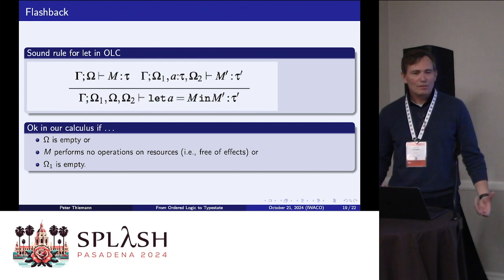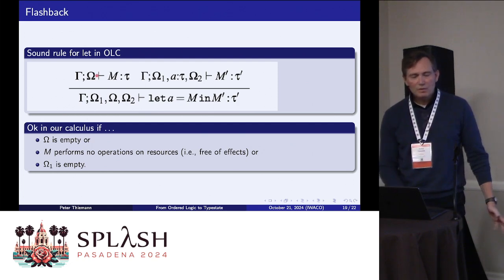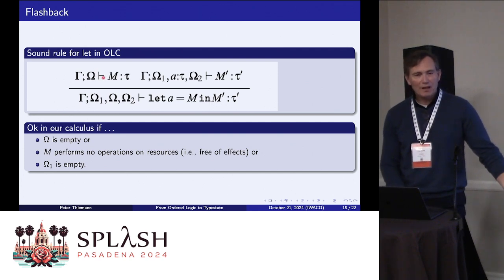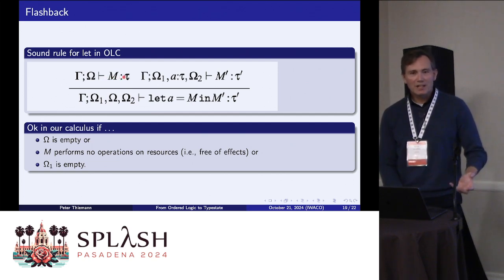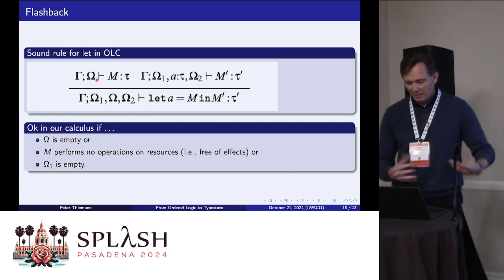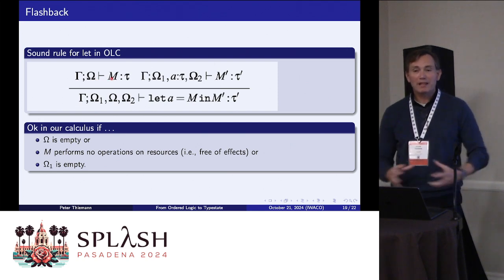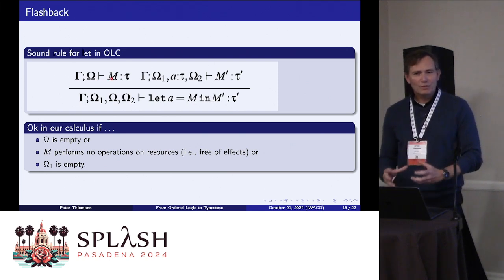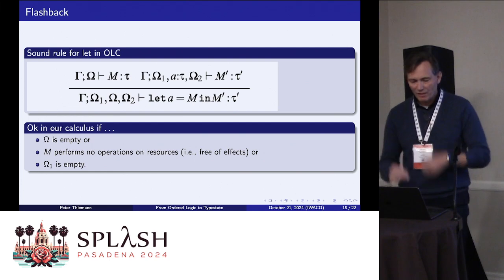Then it's also fine, because I'm not using anything. I'm not performing any actions on stuff in omega. The only thing that M can do is pass it through unchanged. For example, if I eliminate a pair and then just put it back together, or just rearrange things.